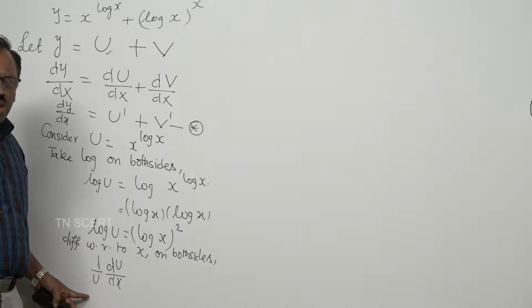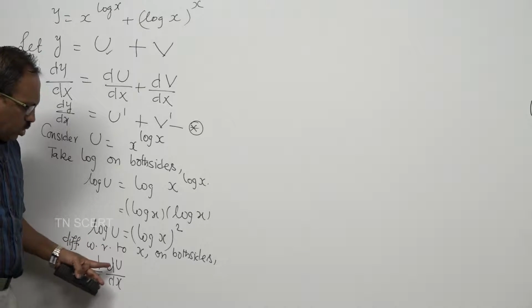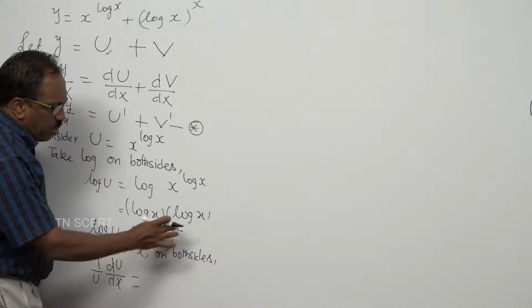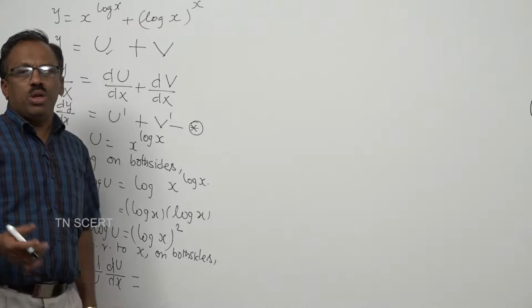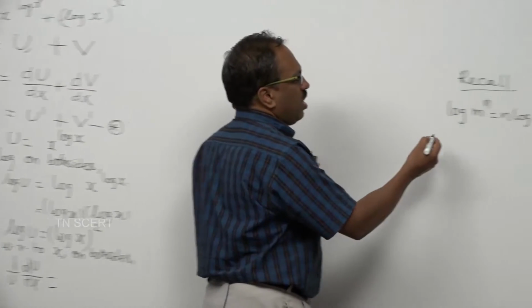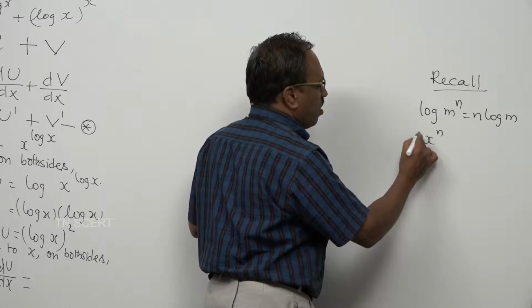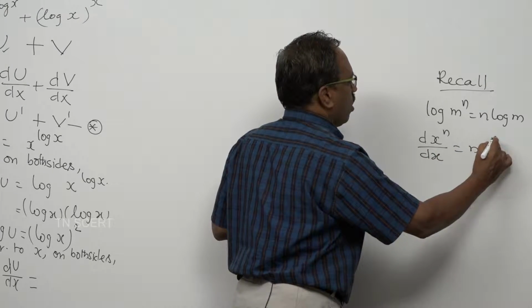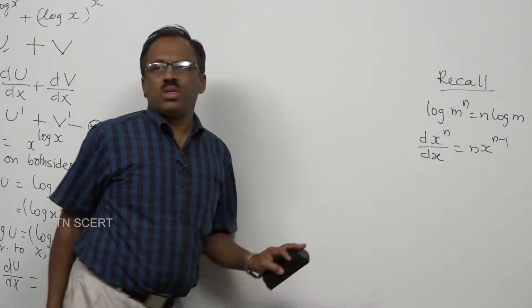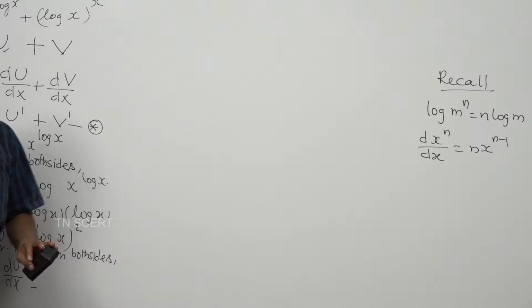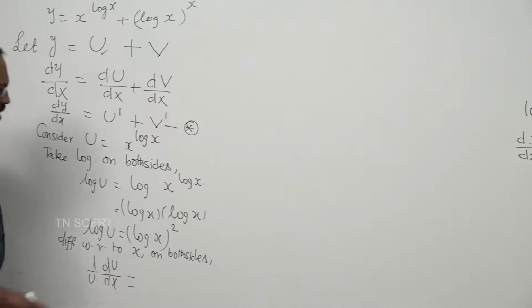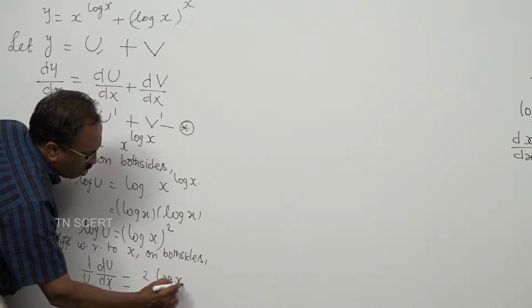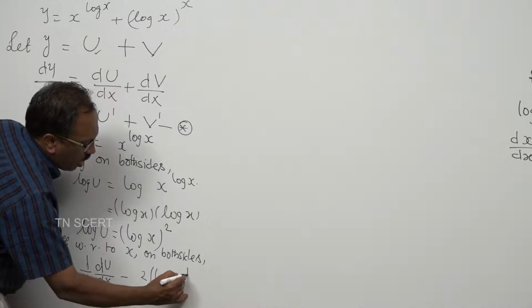Here we have x power n, and now we are going to recall the formula. The differentiation of x power n is n x power n minus 1. Here n is 2, log x whole power 1.